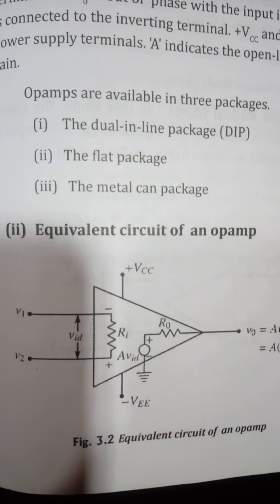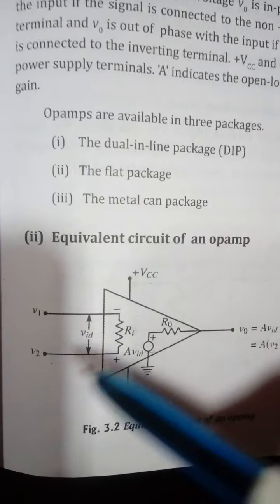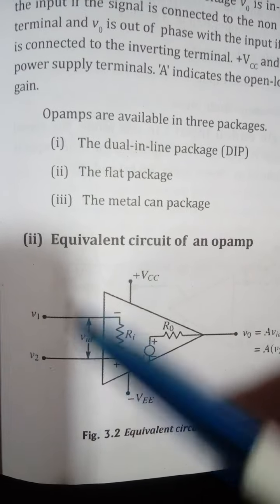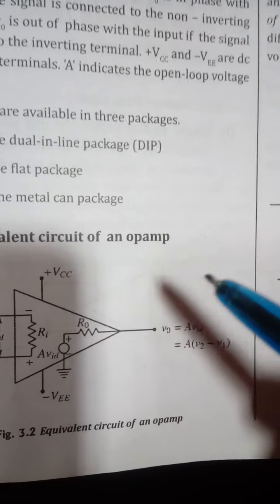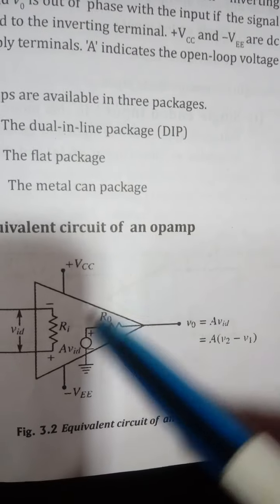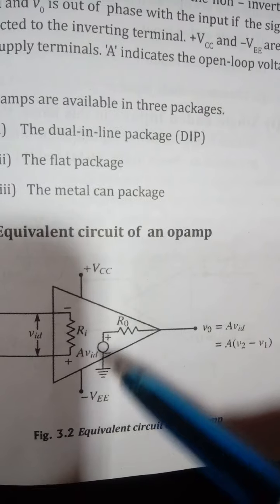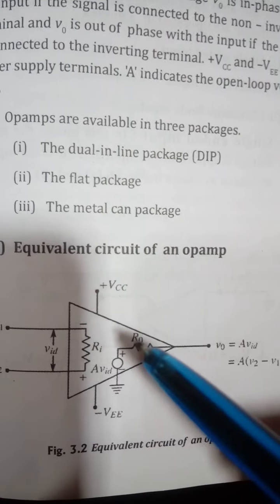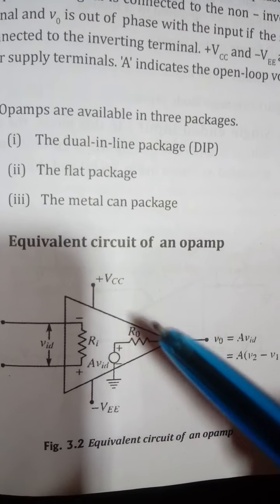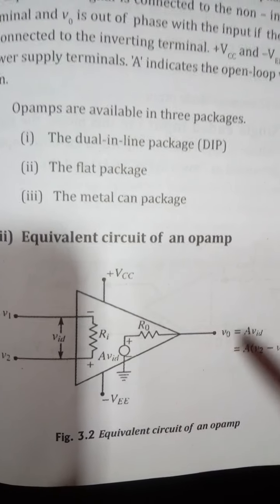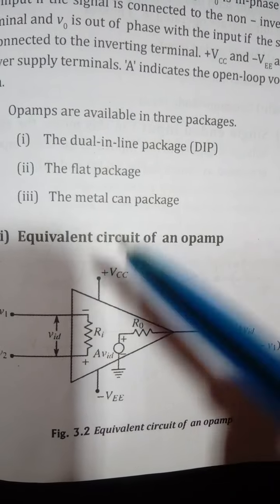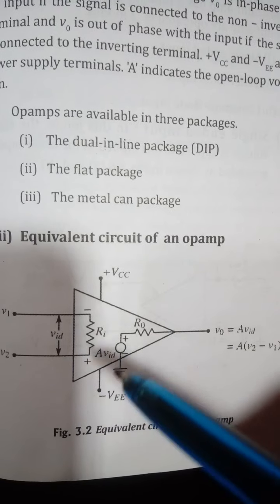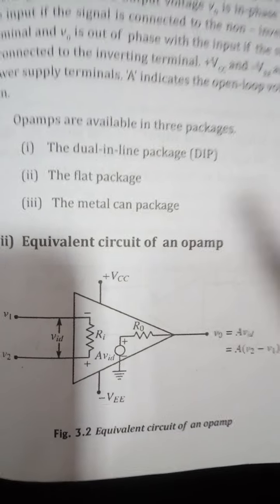At the output, an output resistance is present with respect to the common ground. This is called R0, the output resistance. It also has the supply terminals, plus VCC and minus VEE.